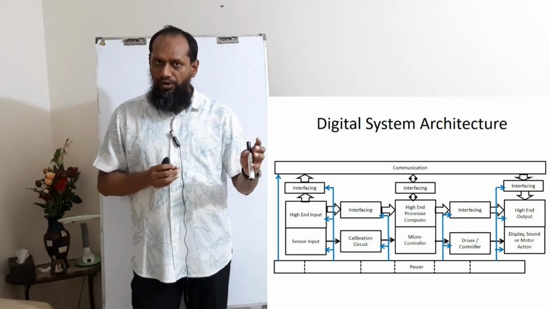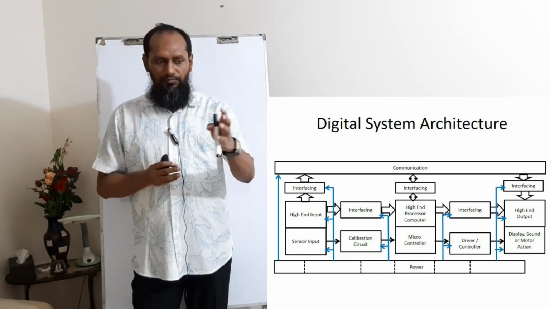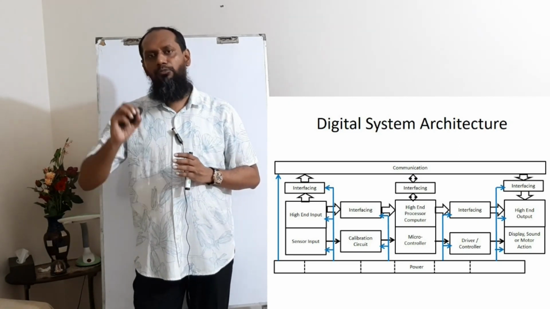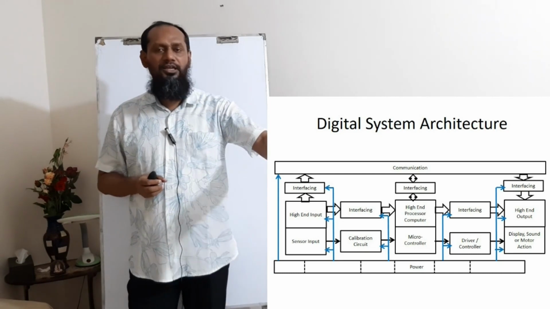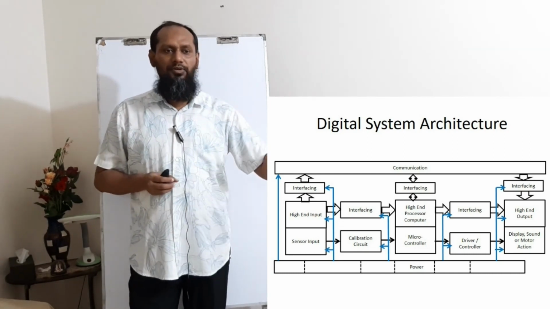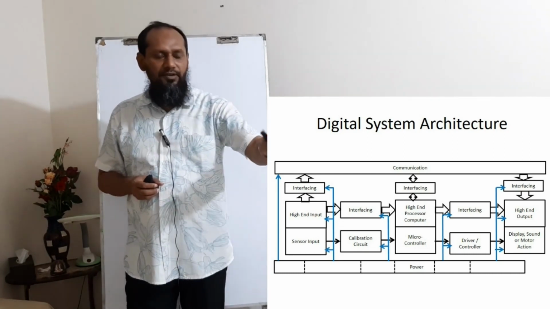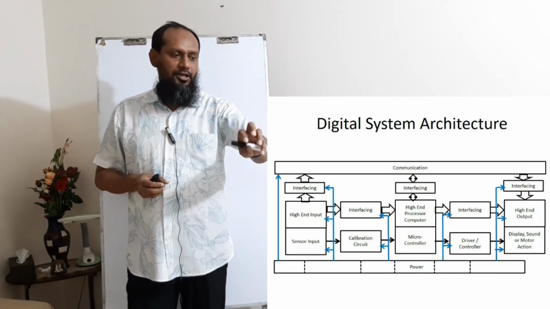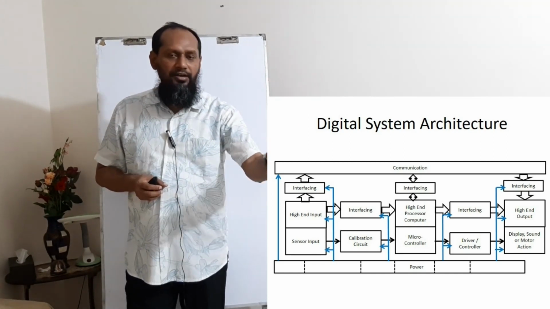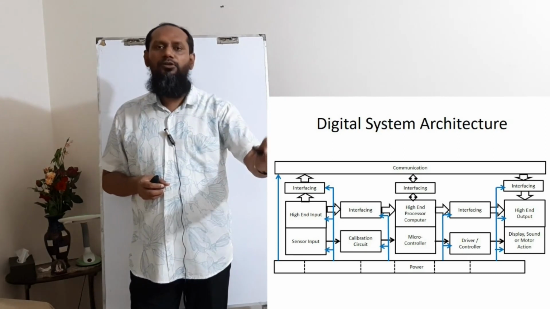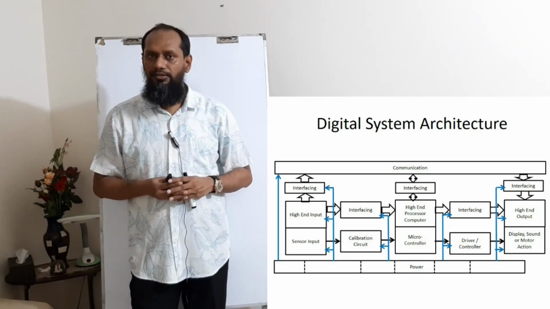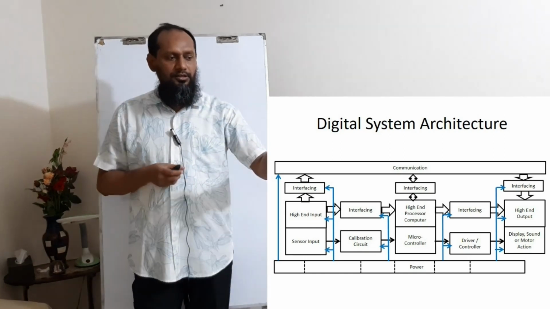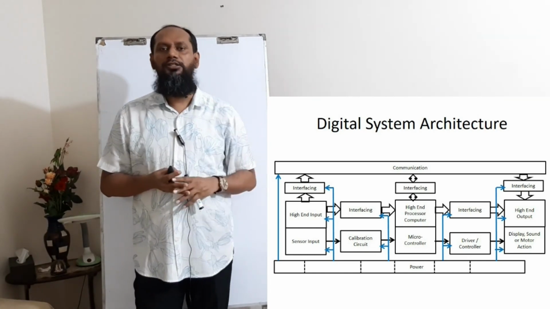In the same way for output, like when I am controlling some light or fan, I don't need any high-end processing device. It will just receive some information, and by using a driver or controller, it will turn on the fan or turn the light on or off. So that's why different interfacing and different communication can happen.